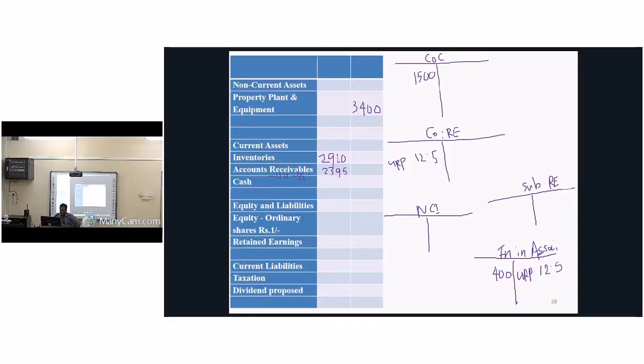2395. But that receivable should be recognized as receivable from associate. Associate, it should be recognized separately as 35. It's another compulsory requirement. Understand? I subtracted from consolidated receivables and recognized that separate receivable from associate. That's about second line.